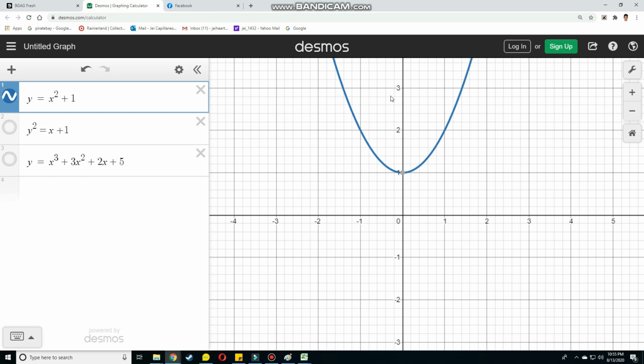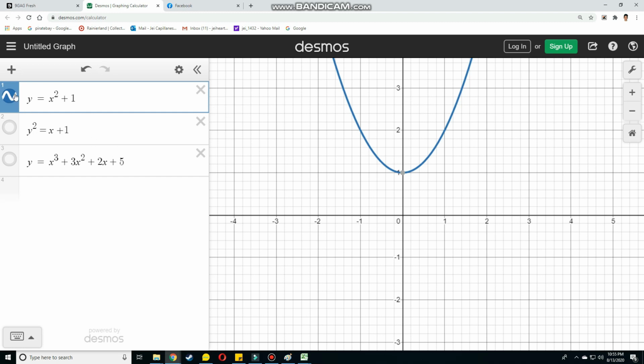Now, if you could remember on testing the graph whether it is a function or not using the vertical line test, if we would draw a vertical line here or everywhere, it would only hit our graph once. Then therefore, it is a function. Look at this one. This is a function because the exponent of y is equal to 1 and the x is having a square. It doesn't matter. This is a function.